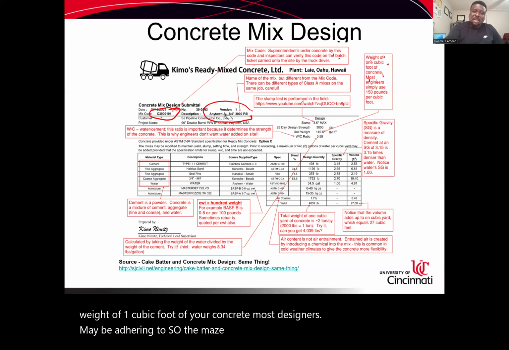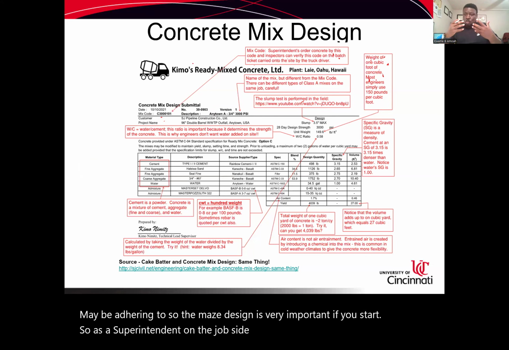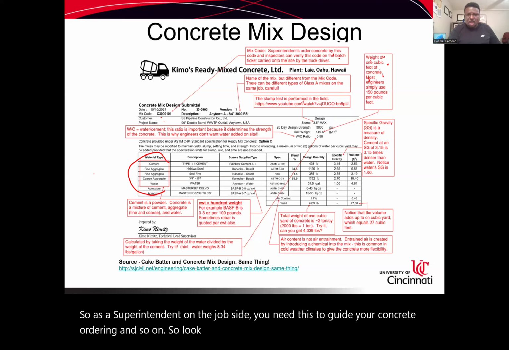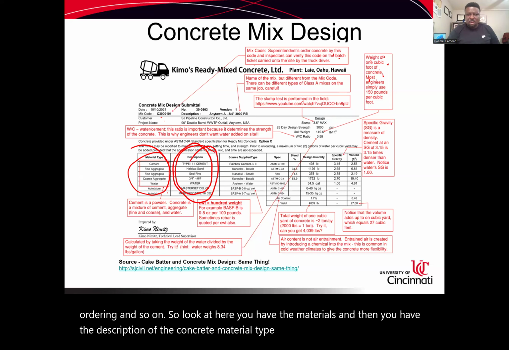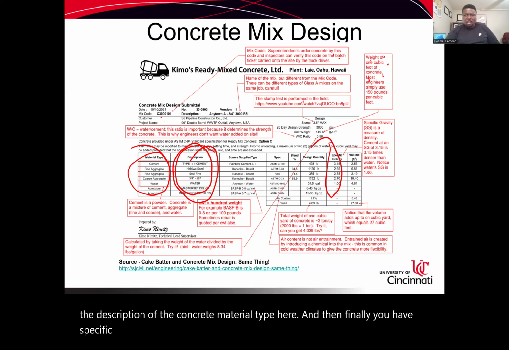If you start as a superintendent on the job site, you need this to guide your concrete ordering and so on. So look here, you have the materials, and then you have the description of the concrete material type here. And then finally, you have the specific quantities, the specific gravity that are needed and all that.